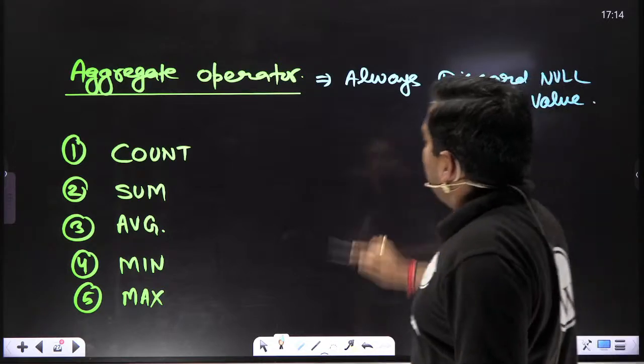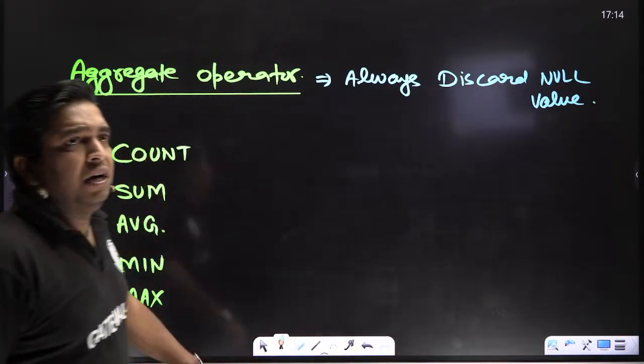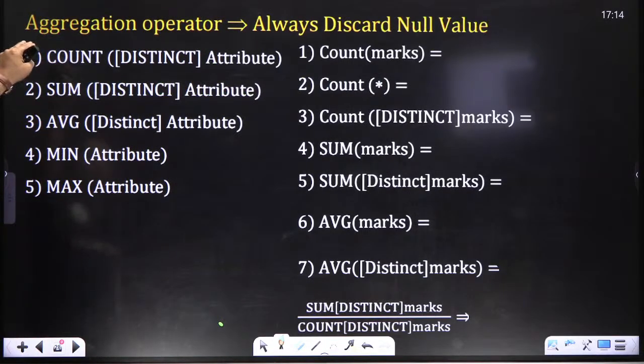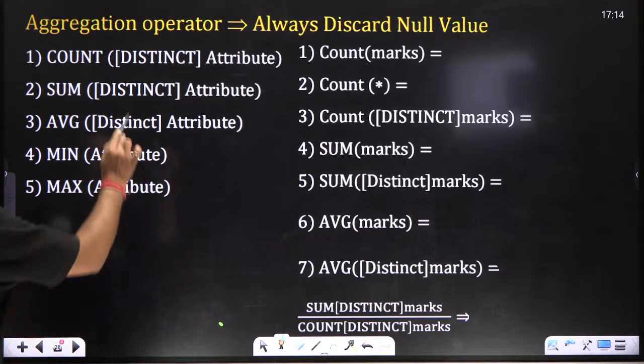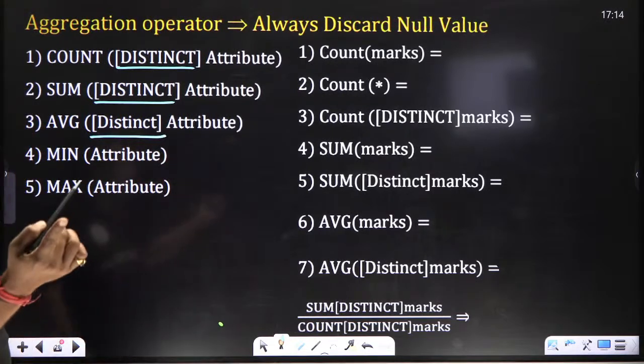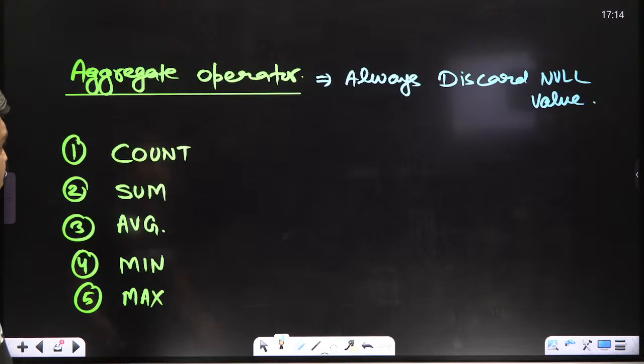It will discard null values. Now we have 5 aggregate operators: count, sum, average, min and max, and these discard the null values. In these 5 aggregate operators you can use distinct also, but for minimum and maximum there is only one value, so no need for distinct.